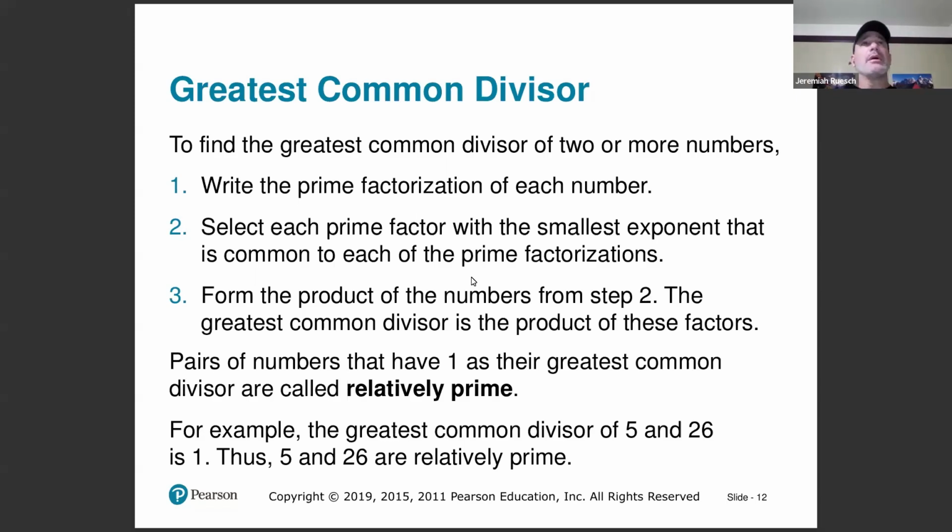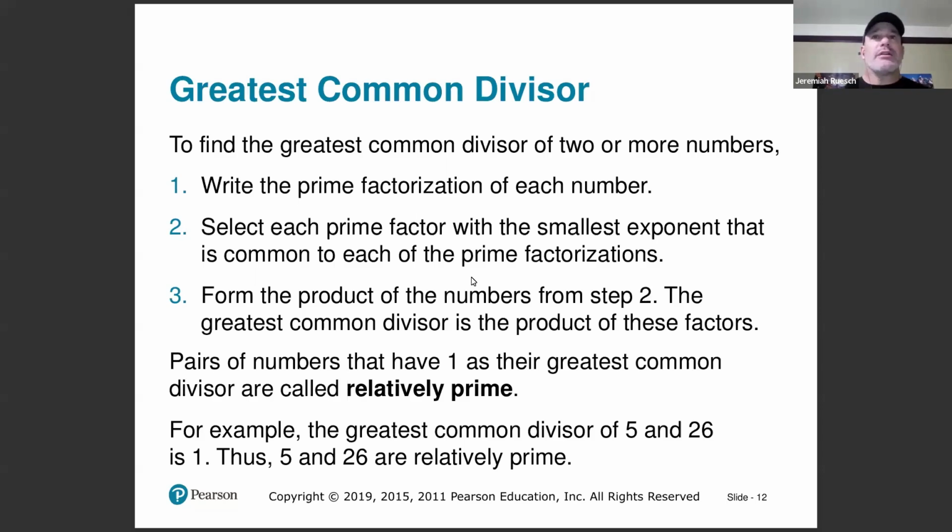For example, 12 and 15 have a GCD of 3, but 12 and 13 have a GCD of 1. So 12 and 13 are relatively prime to each other. However, 12 and 15 have a GCD of 3, so they're not relatively prime to one another.